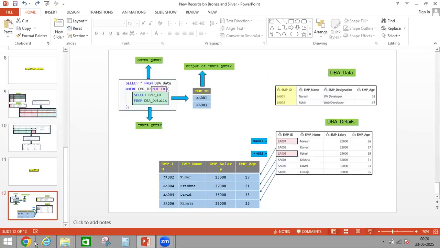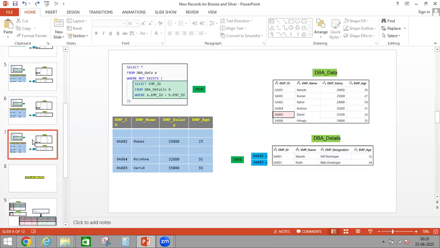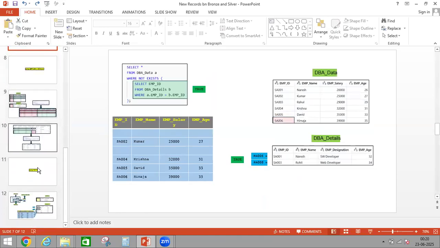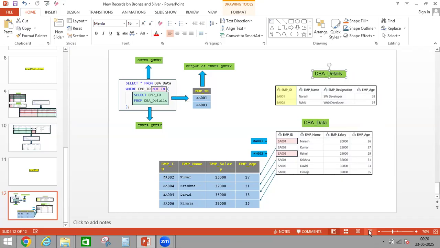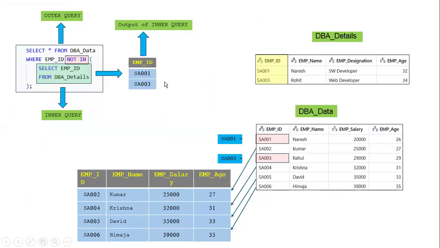One minute, I need to correct this table name. This is supposed to come here and this is supposed to go here. So here, select employee_ID from DBA_details.